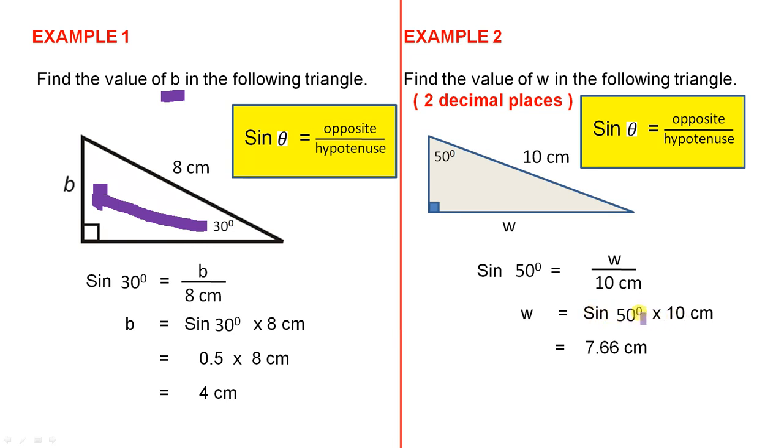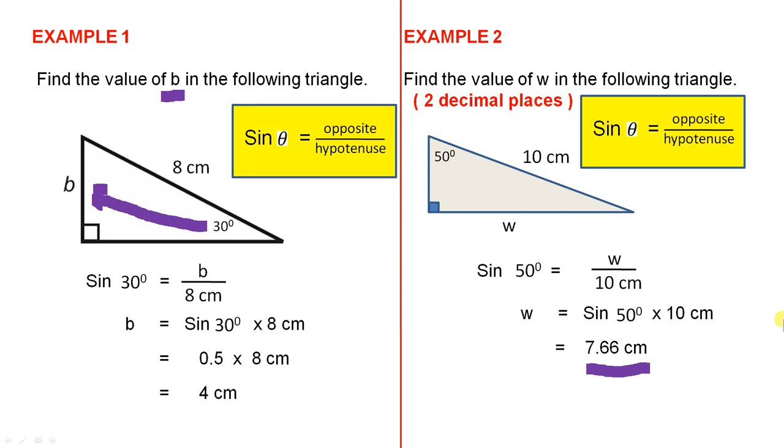The calculator will do all this for you, and the answer is 7.66 centimetres. Now the answer on the screen of the calculator will be much longer, but because I've said 2 decimal places, that is the actual answer. And once you see the long answer on the screen, you'll see straight away that 7.66 is the correct answer to 2 decimal places.